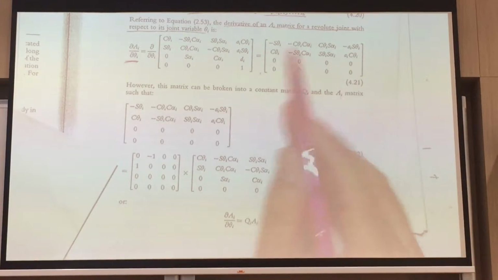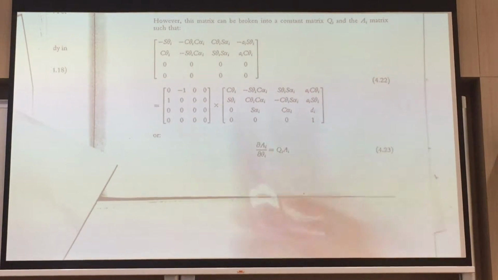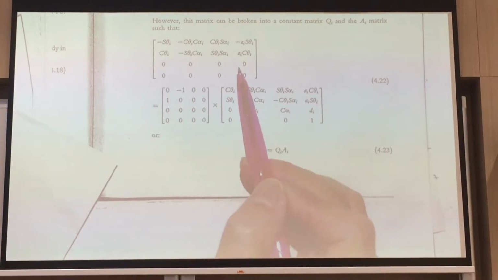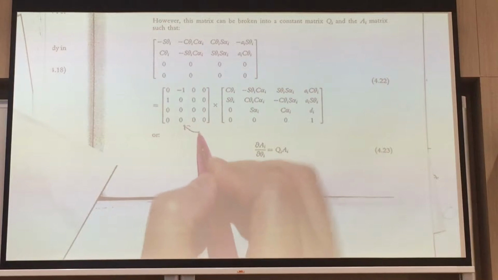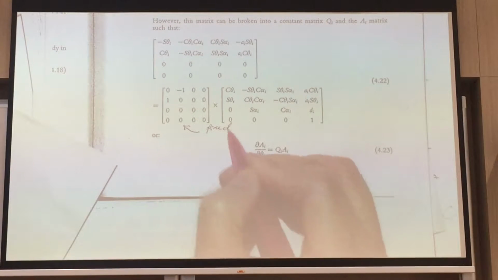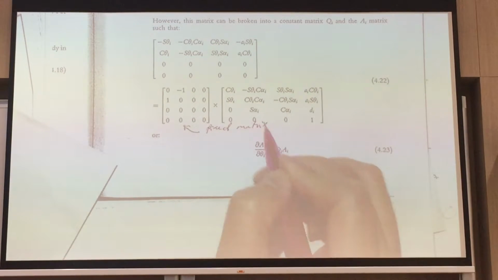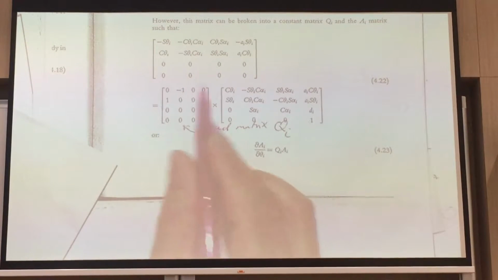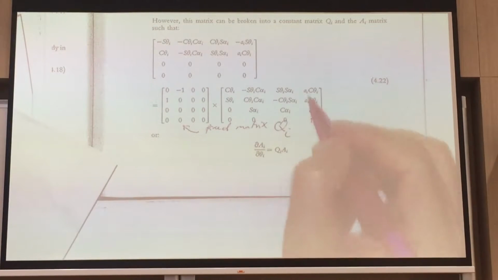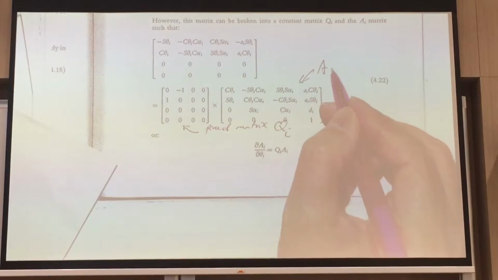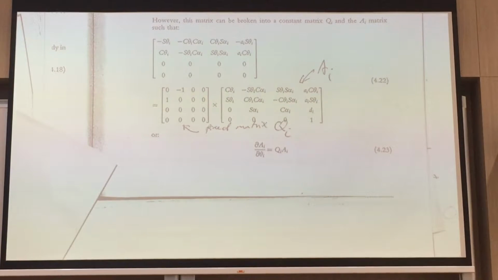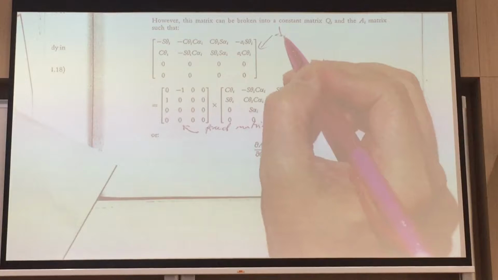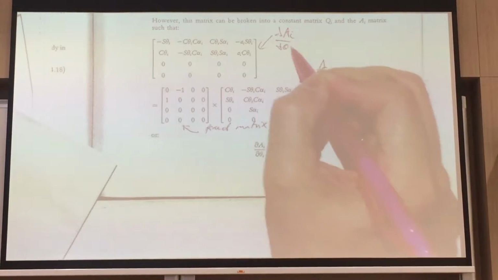Once you get this result, we can show that this result is equivalent to a fixed matrix Q i, multiplied by your original matrix Ai. And this is your delta Ai over delta theta i.